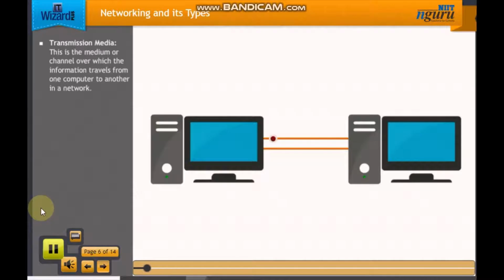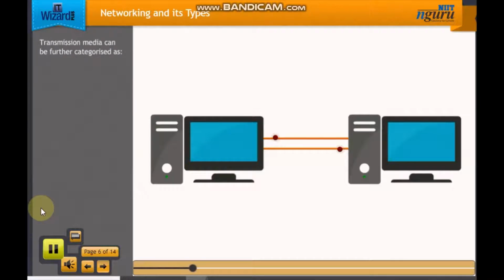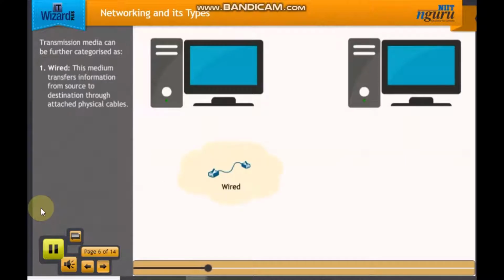Transmission media. This is the medium or channel over which the information travels from one computer to another in a network. Transmission media can be further categorized as wired. This medium transfers information from source to destination through attached physical cables.